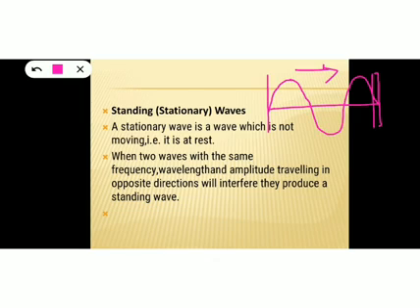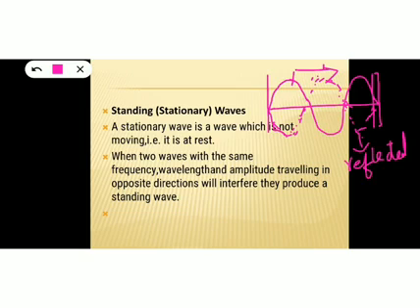So the reflected wave can be represented like this. See, it is out of phase with the incident wave. So this is the incident wave, and this dotted wave represents the reflected wave.